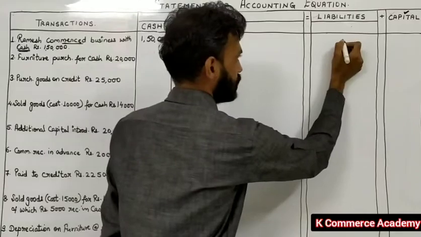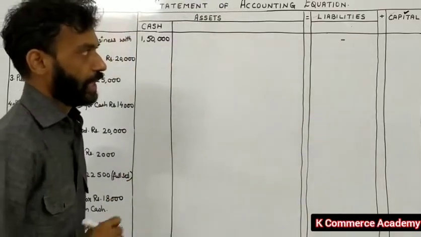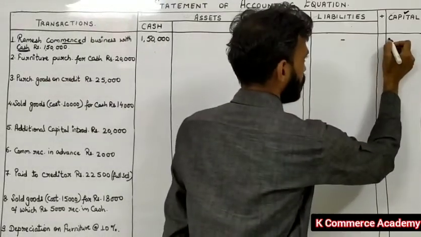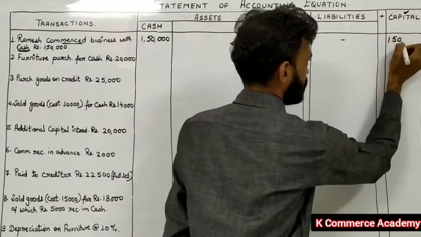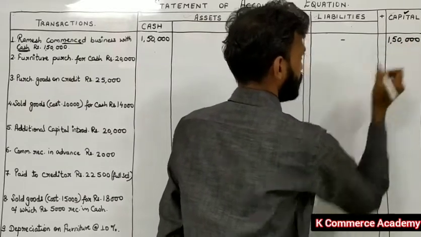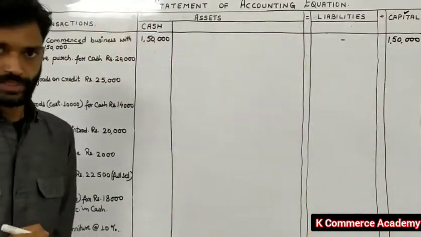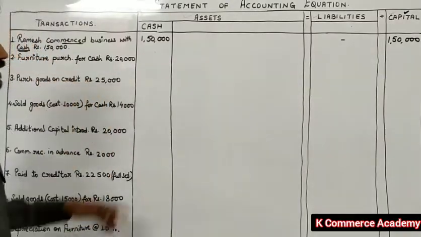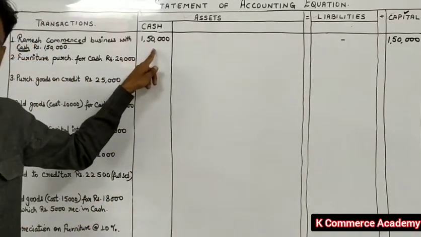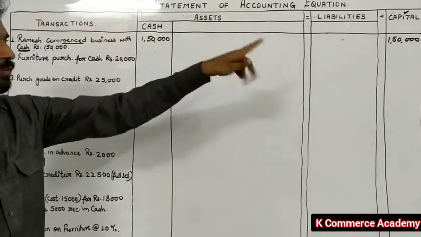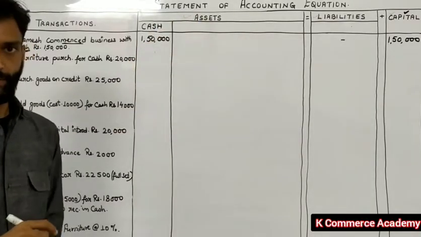However, there is no change in liabilities. And again, as I told you, started business or commenced business will result in introduction of capital in the business. So this first transaction will result in 1,50,000 in the cash column and 1,50,000 in the capital column.